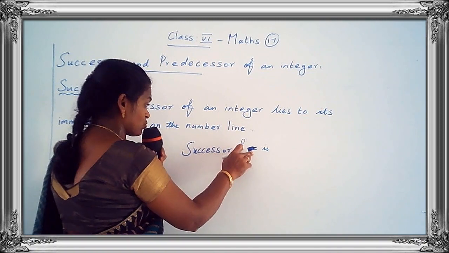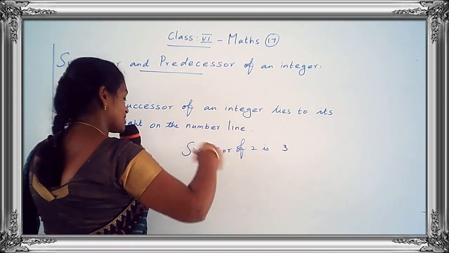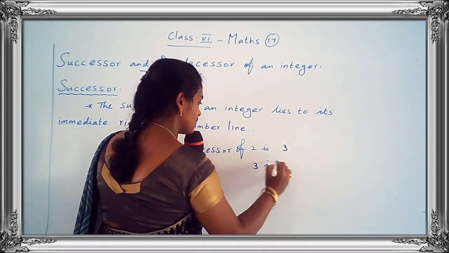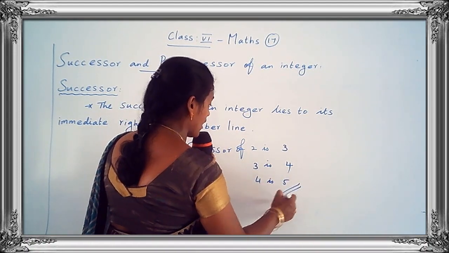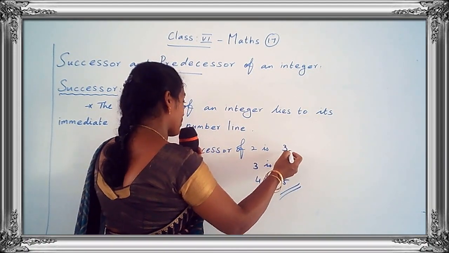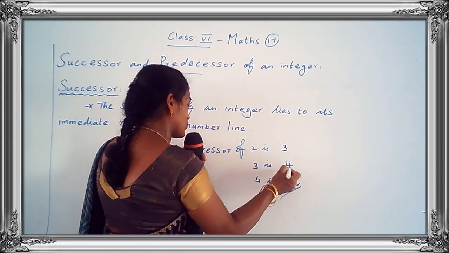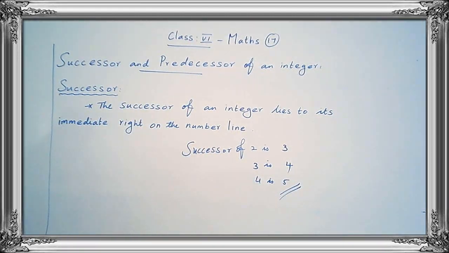Successor of 3 is 4. Successor of 4 is 5. Here we can get the successor by adding 1 to it: 2 plus 1 is equal to 3, 3 plus 1 is equal to 4, 4 plus 1 is equal to 5. So successor means the number that comes just after a given number.